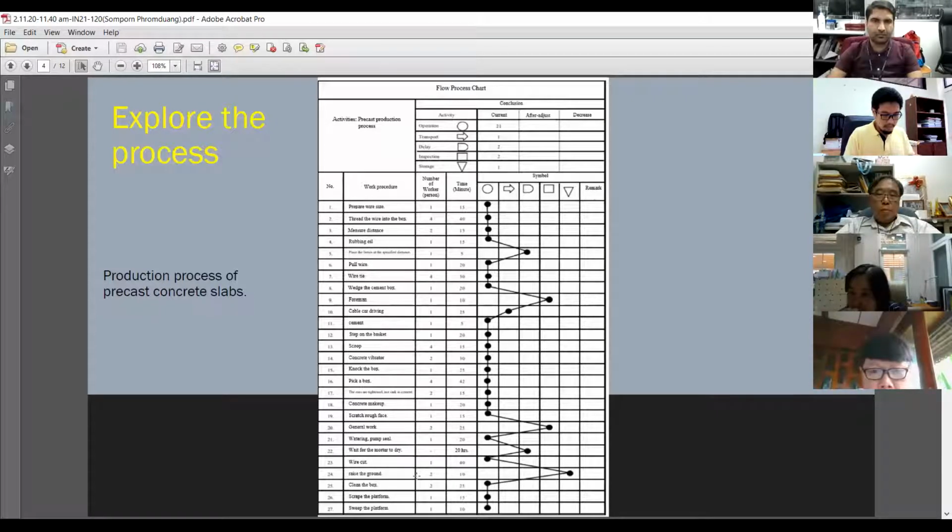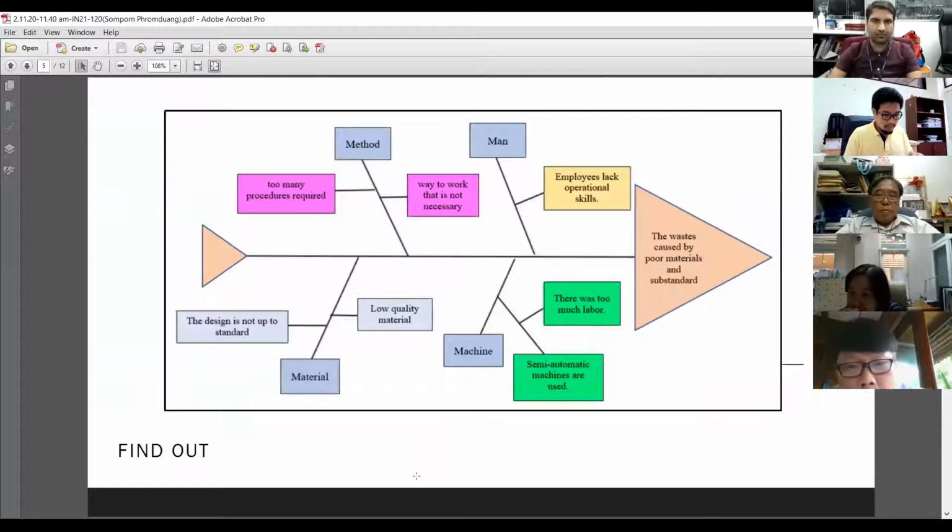From this chart, we solve that problem by using a tool like the fishbone diagram. We solve the waste of time with the fishbone diagram and have two groups we are concerned with: the material group and the method group.